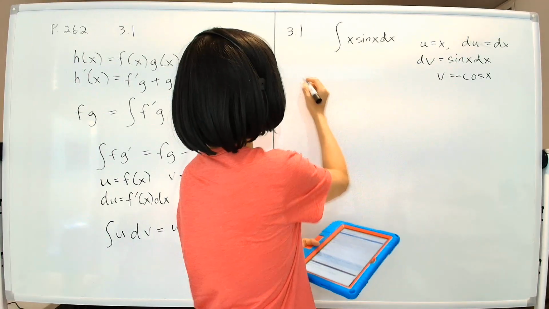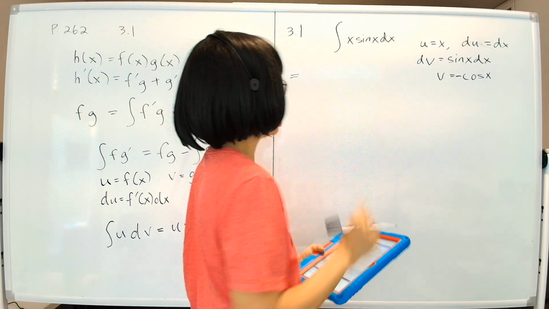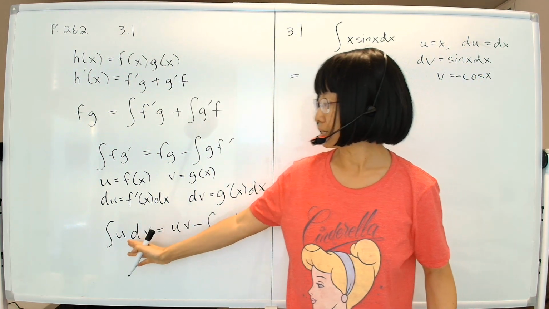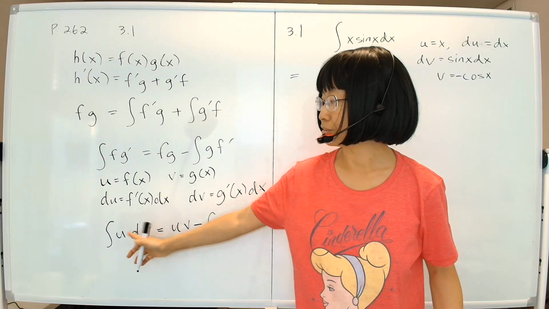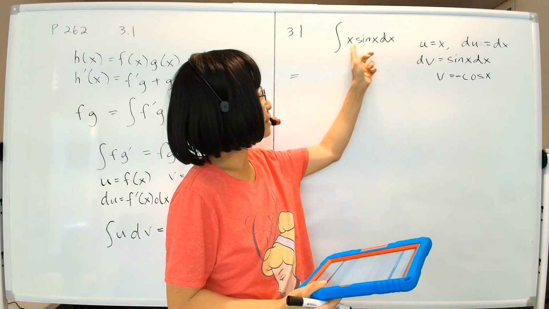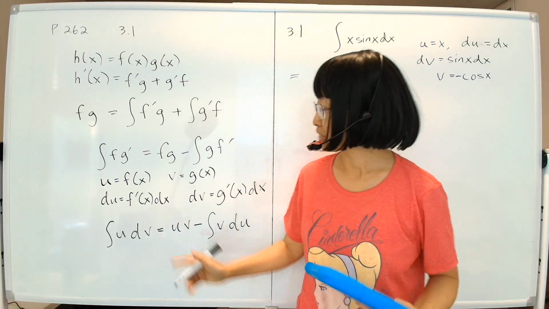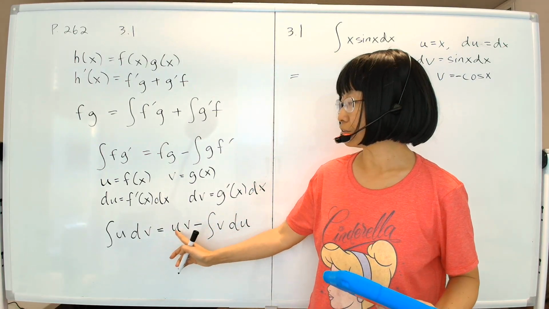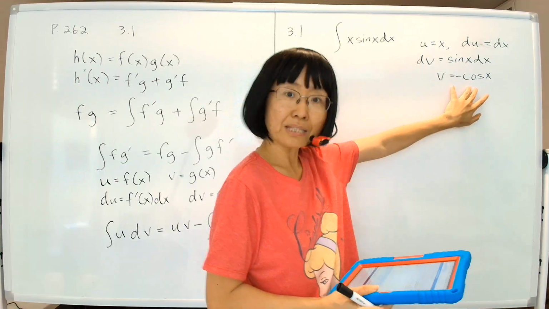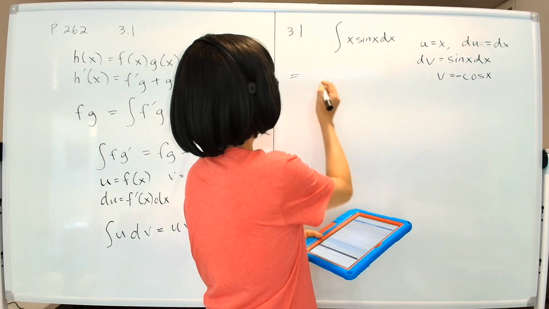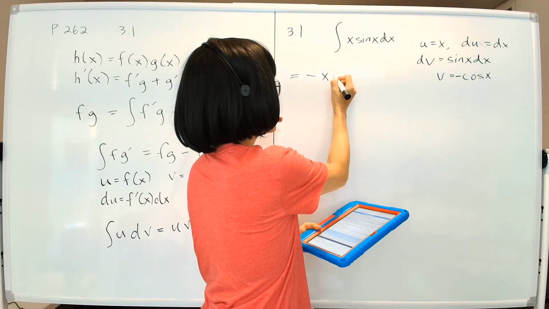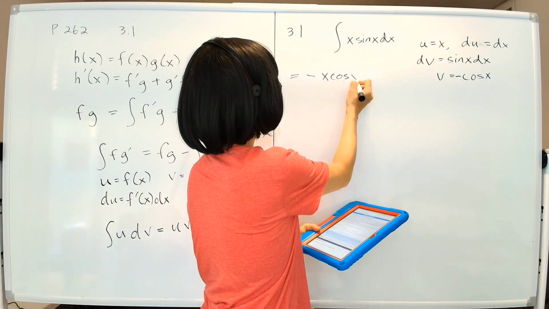Now we'll follow the formula. We've got everything set up. What does the formula say? The integral of u dv, where u is x and dv is this stuff, equals u times v. So u is x, v is negative cosine x, and we multiply those together: negative x cosine x.